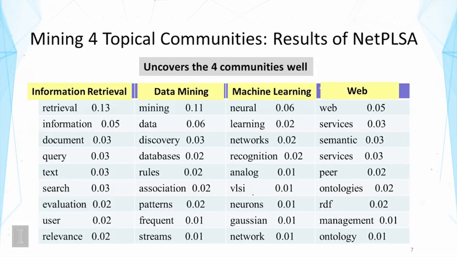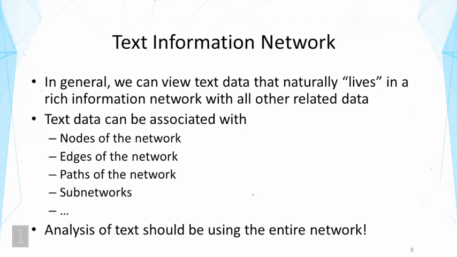Now, a similar model could have been also used to characterize the content associated with each subnetwork of collaborations. So a more general view of text mining in the context of network is to treat text as living in a rich information network environment.